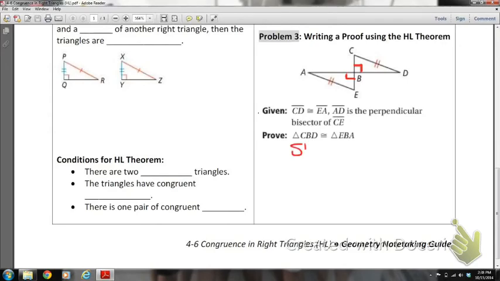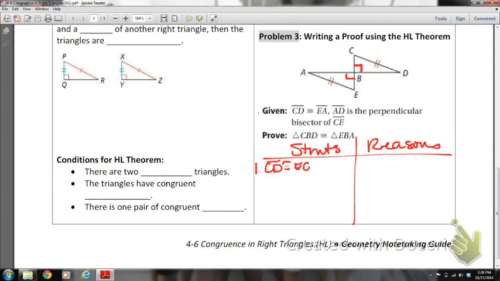Let's just go again with a 2-column proof. First, it's the given information. CD is congruent to EA. And AD is a perpendicular bisector of CE. So those are the two pieces of information we're given.